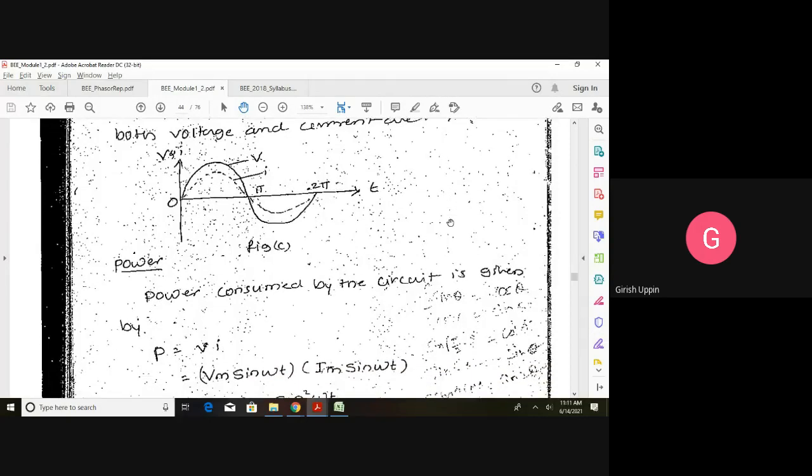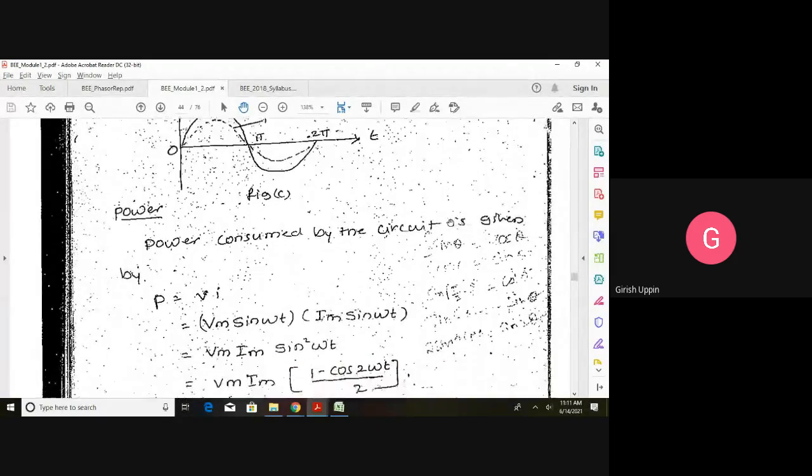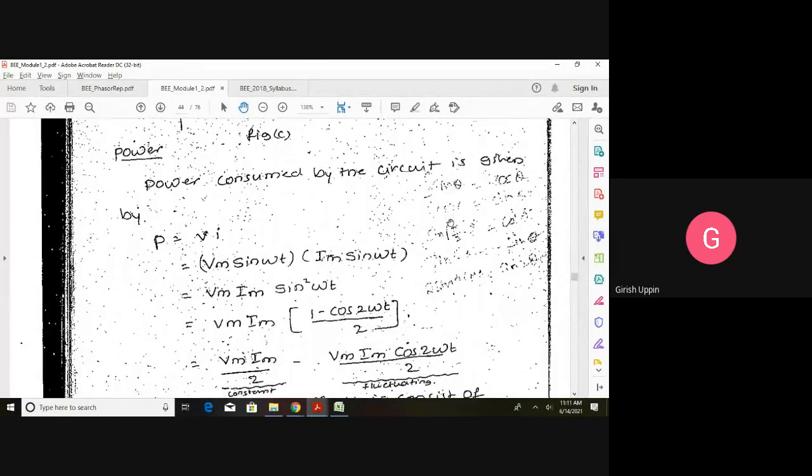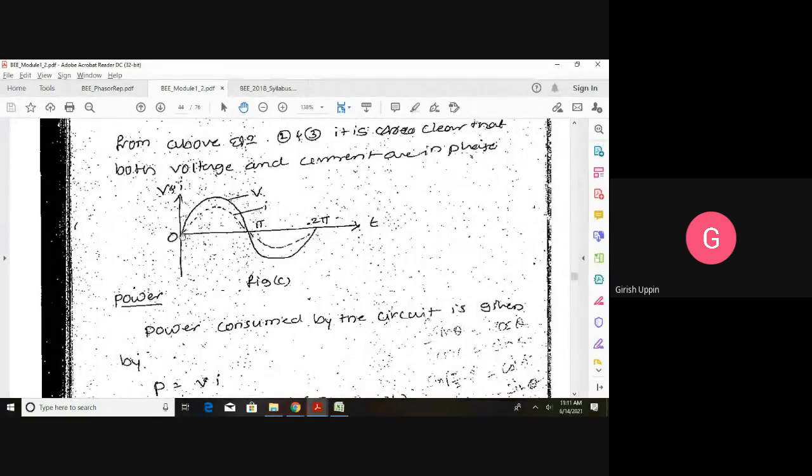Now what is the power consumed in a circuit where we have a pure resistance connected to an alternating voltage? We know the equation for the power: P is equal to V into I, that is voltage into current. So every instant the power consumed is changing, right? Initially at 0, V is 0, I is 0, so the power consumed is 0.